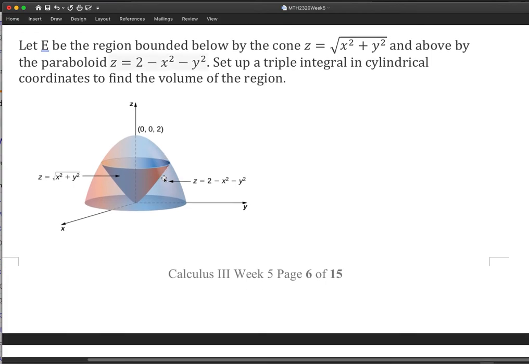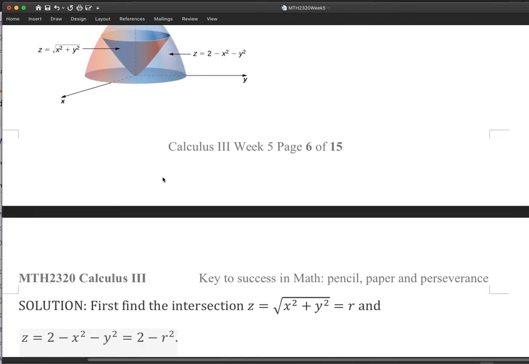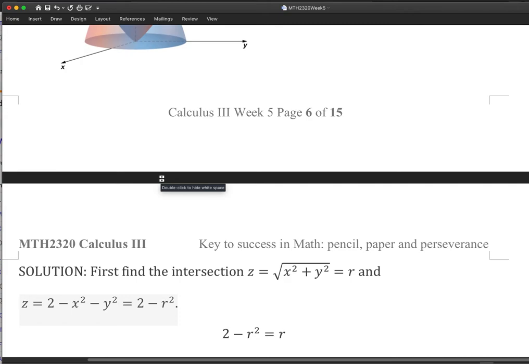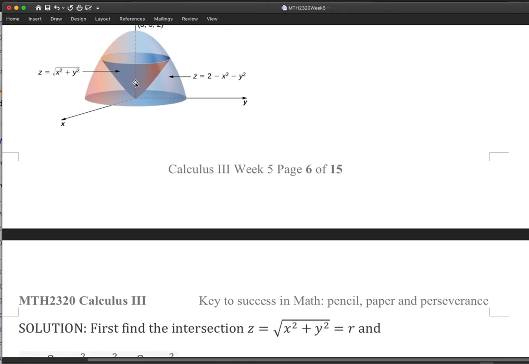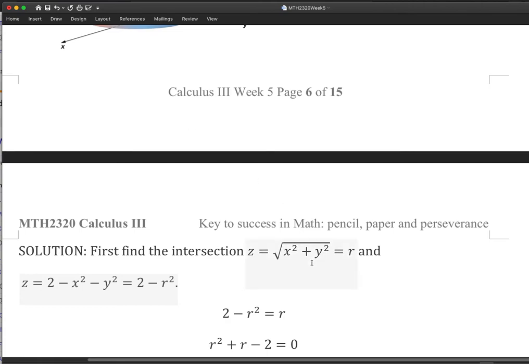Okay. So first, I tried to find the intersection of the cone and the paraboloid, the circle, right? What kind of circle is this? This is my calculation. z equals the square root of x squared plus y squared, and because of cylindrical coordinates, x squared plus y squared equals r squared, so the cone is z equals r.